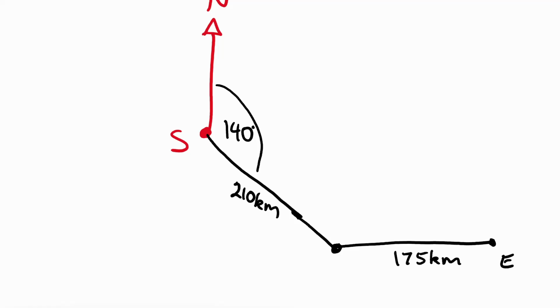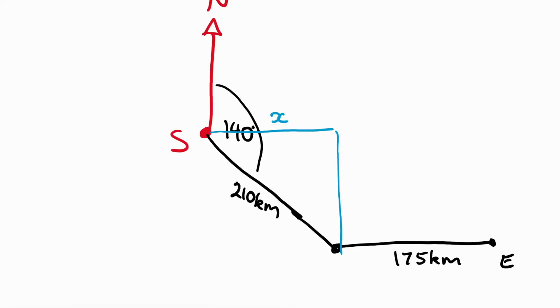Now we need to create some sort of a triangle, or we need some information here. We know the 175 is straight. That's what we need. It's going east. What we need is how far east has it traveled in that first part of the journey. So really, we're trying to find how far it's gone there. All right, we want to find this X up here.